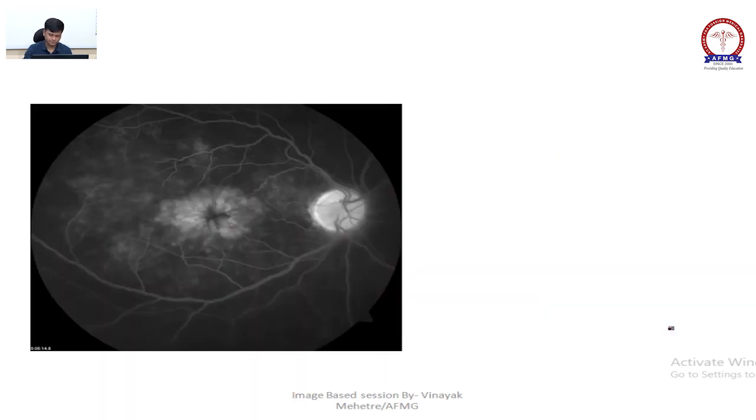Now this is... first tell me what this investigation is called. It is called FFA, fundus fluorescein angiography. When you see an X-ray like film of the eye, it is called fundus fluorescein angiography.